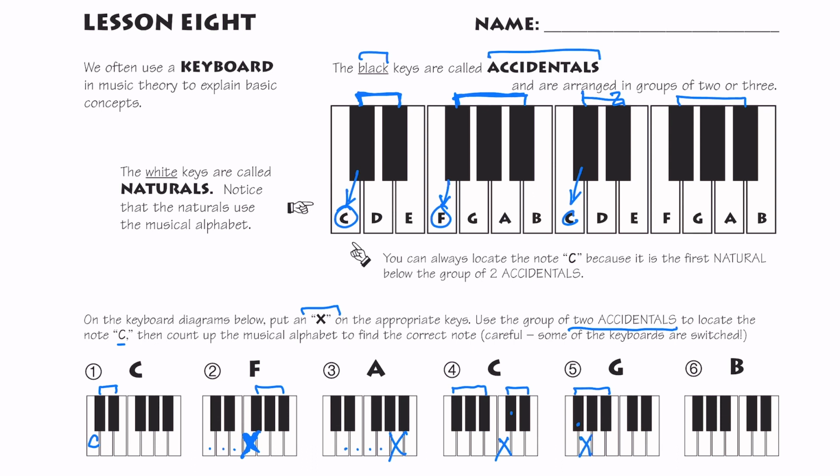If you have to go from C, you could work your way down the musical alphabet, C, B, A, G, or you can go up from your F, G. Same thing with, if this is my group of 2 accidentals and this is my C, then B would be 1 note below C, because it's 1 note in the musical alphabet below C. Or you can count up from F, F, G, A, B.